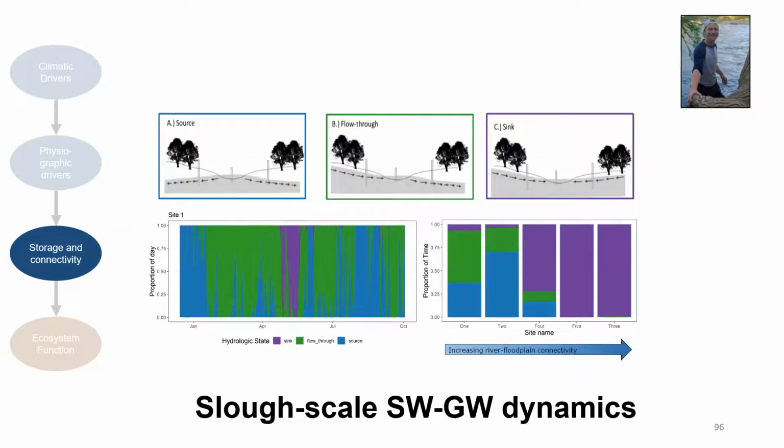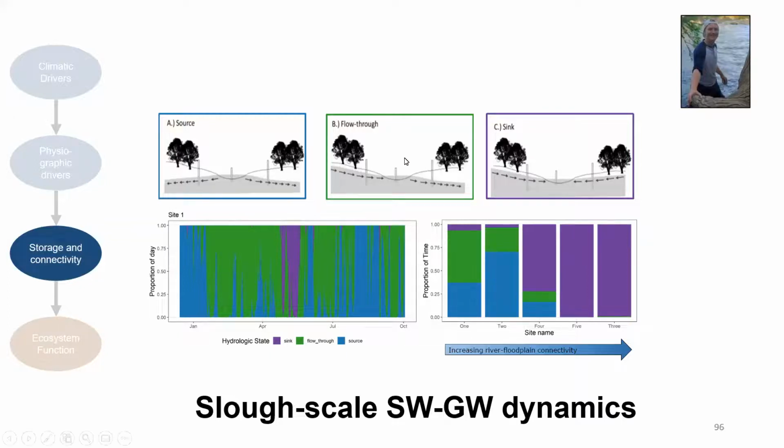I don't want to spend too much time talking about floodplain hydrology today, although I would love to talk about it afterwards because I'm excited about a lot of these things. But we did try to characterize surface water-groundwater connectivity between our sloughs and the surrounding floodplain surface. What you can see is the slough could be a source to that floodplain aquifer, where water is sitting and just slowly bleeding out.